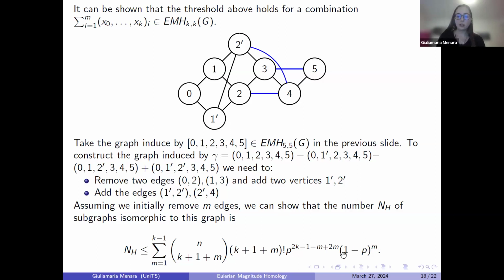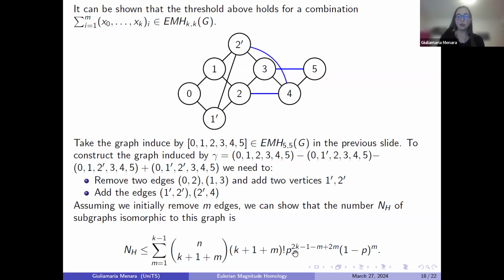So we're going to have a term 1 minus p to the m, accounting for the edges that must not be there. In our case, 0, 2, and 1, 3. Then for every edge we remove, we build a square there, and so we add 1 vertex. So the number of vertices here is going to be k plus 1 plus m, and then all the permutations.